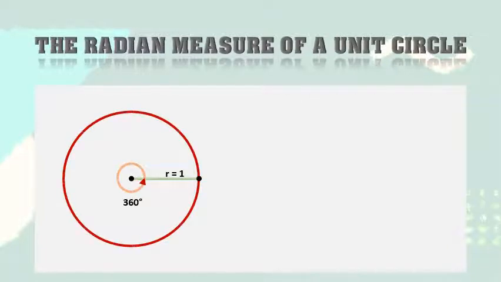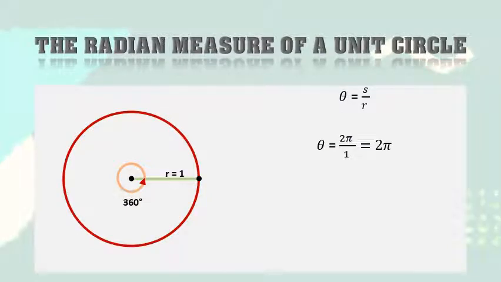A central angle with a measure of 360 degrees has a radian measure of 2 pi. Theta, as we already know, given the arc length, is determined by the formula theta equals arc length divided by the radius.